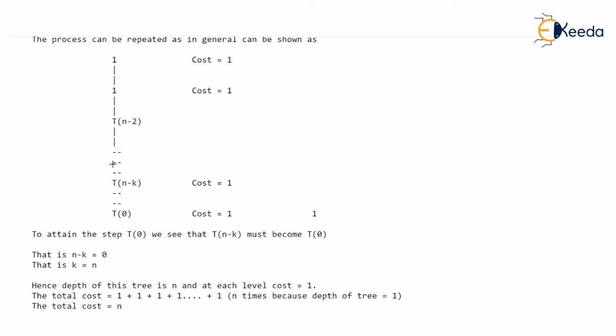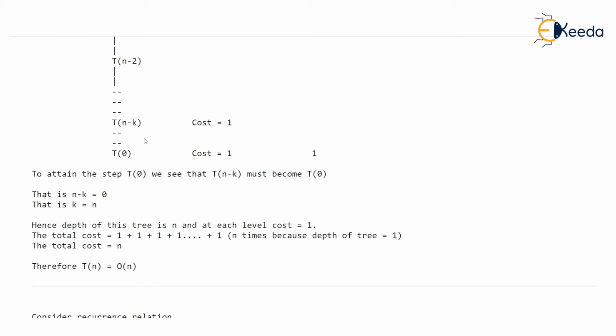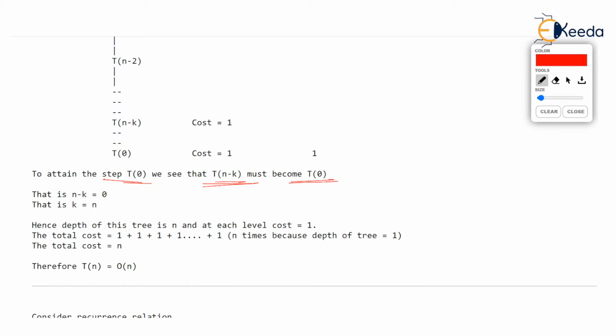That's the description that I have written. To stop the recurrence tree, we should attain the step T0, but T0 will be attained only if Tn minus k becomes T0. That means n minus k becomes 0, so k becomes n. Now, if k becomes n, then this k in the general term will become Tn minus n, so we will get T0.